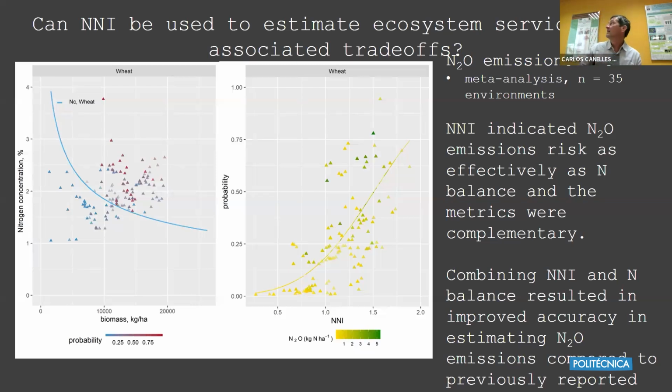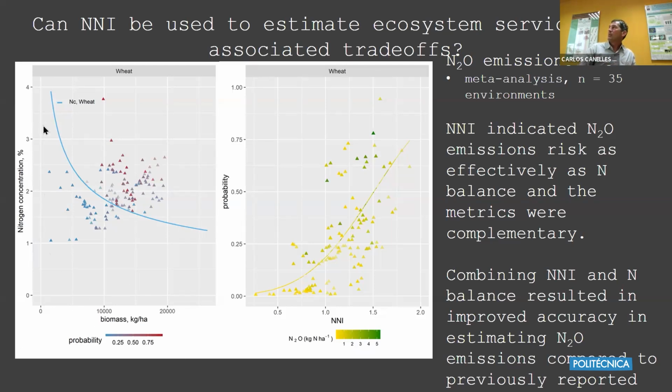We tested that in this data set, and we calculated a probability that emissions exceeded what are considered background emissions for cereal crops in cultivated production systems, which is a little bit more than 1 kilogram per hectare N2O.